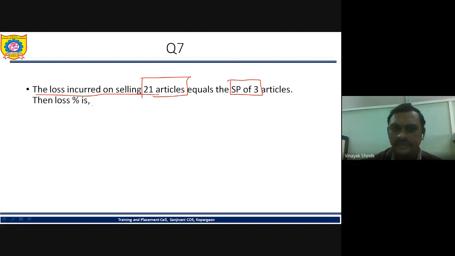Then the loss percentage is? So this question is exactly the same as the previous one. The first step is again the same: assume the selling price of one article is 1 rupee. Then write down whatever is given in the question, and you will get the answer. And you should know some basic formulas like the percentage loss formula.